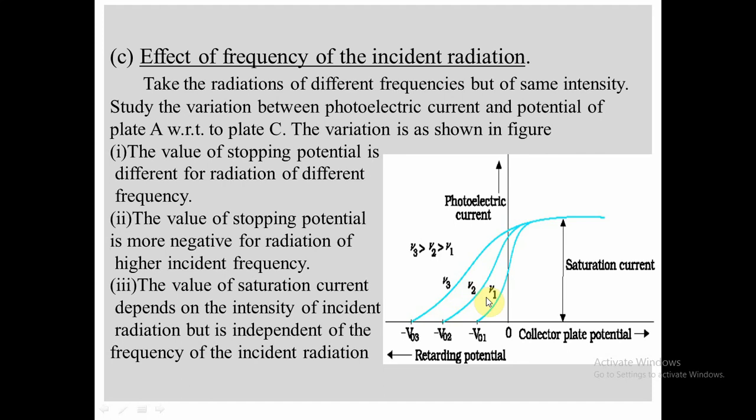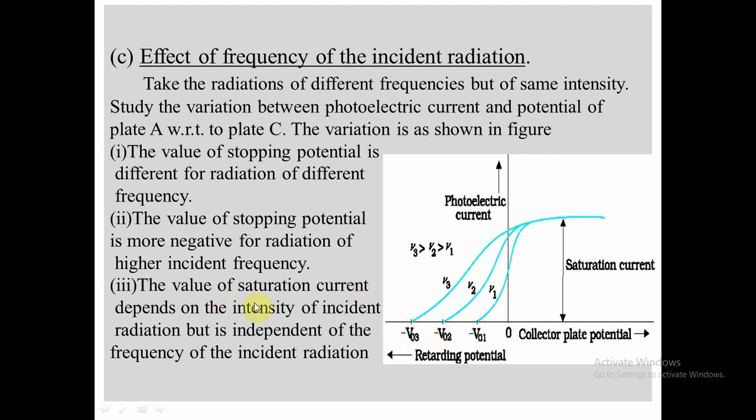Here, therefore, the stopping potential is different for the different frequencies. The value of the stopping potential is more negative for the radiation of a higher frequency. This means as we increase the frequency of the incident radiation, the stopping potential also gradually increases.